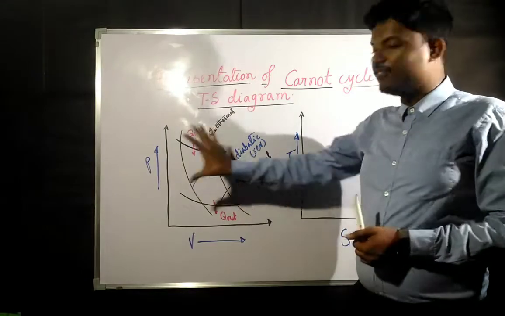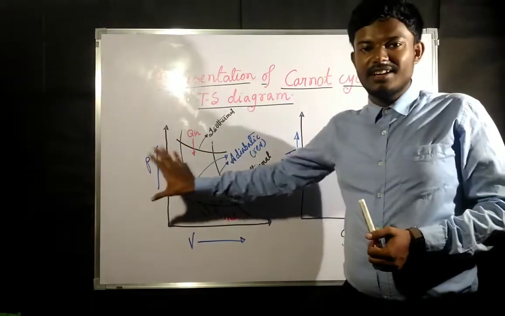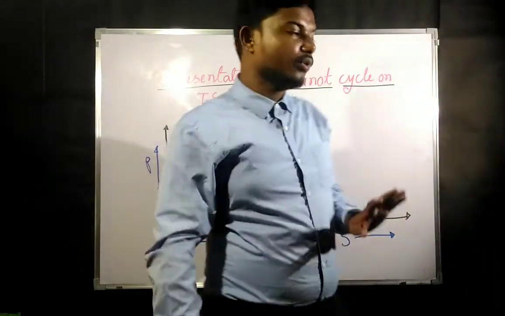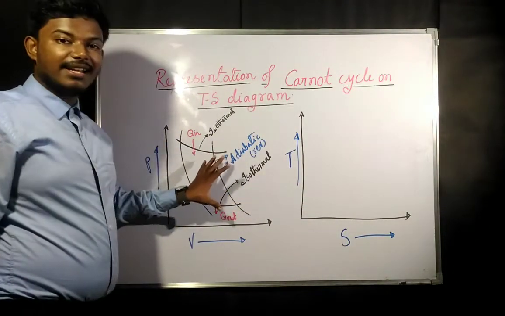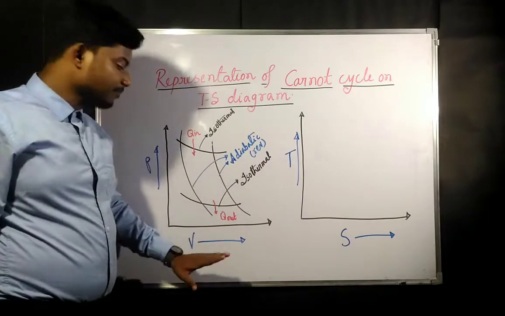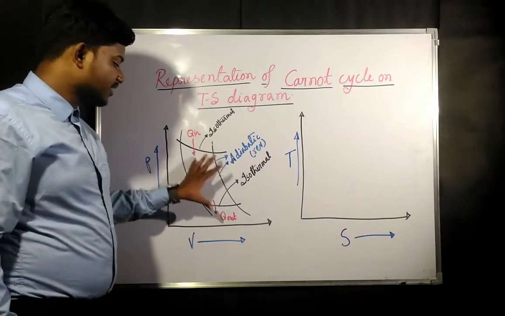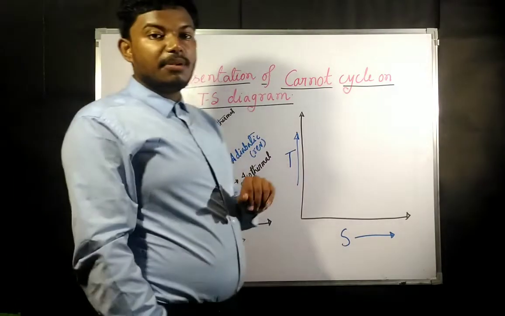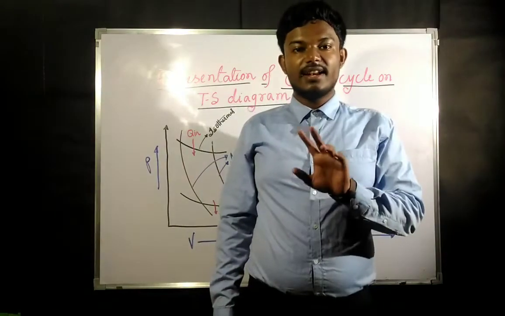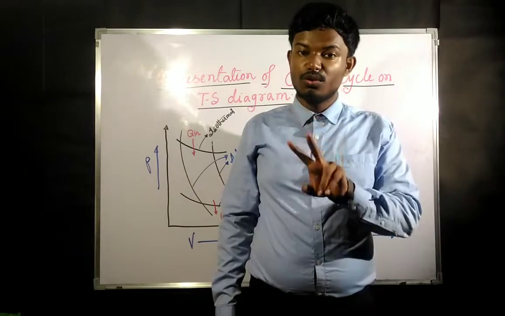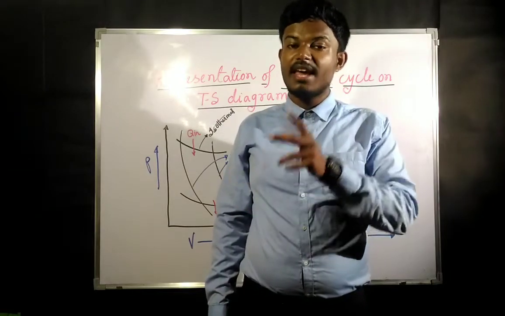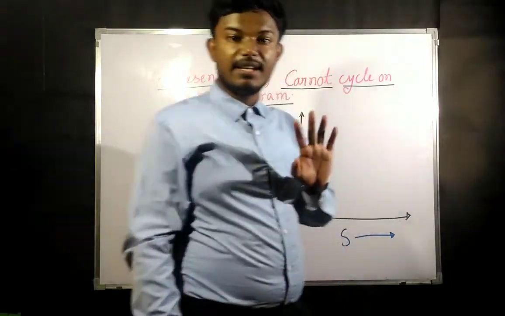We have said that roughly in this corner, but this was not clear, so I am going to talk about it again. So this is what an ideal Carnot cycle diagram looks like in a PV diagram. Okay, this is the ideal, because if you remember, we have discussed Carnot cycle, and in this Carnot cycle we have seen that it consists of two reversible adiabatic processes and two isothermal heat addition and heat rejection.